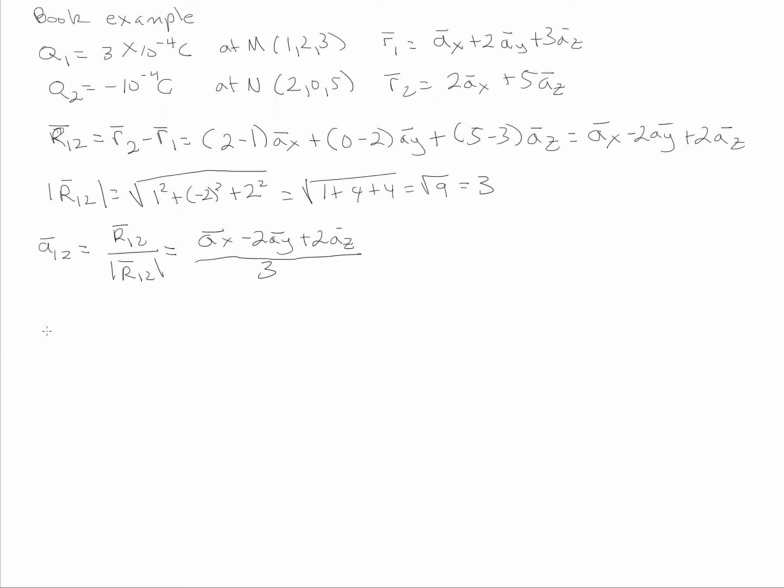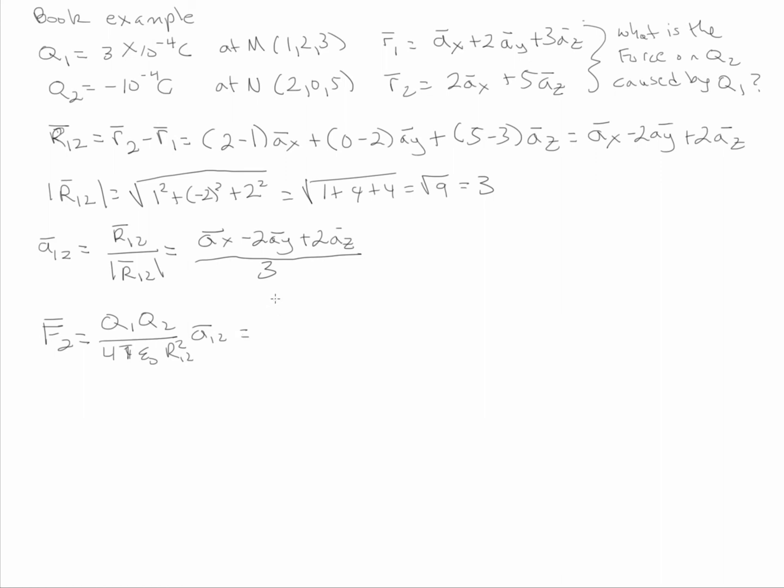The question, I guess I forgot to put it up here, is they give you all this information, and then they want to know: what is the force on Q2 caused by Q1. So let's go F2. And remember, our Coulomb's law is equal to Q1 Q2 over 4 pi epsilon 0 R12 squared A12.